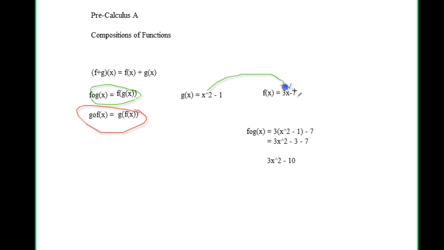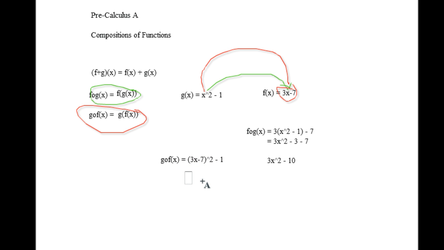you'd be taking all of this and plugging it into just this one x and then simplifying it. So goff is going to look a little bit different. It's going to be parentheses 3x minus 7 parentheses minus 1, and you're going to have a square on those parentheses, so you have to square it, so you have to do FOIL.